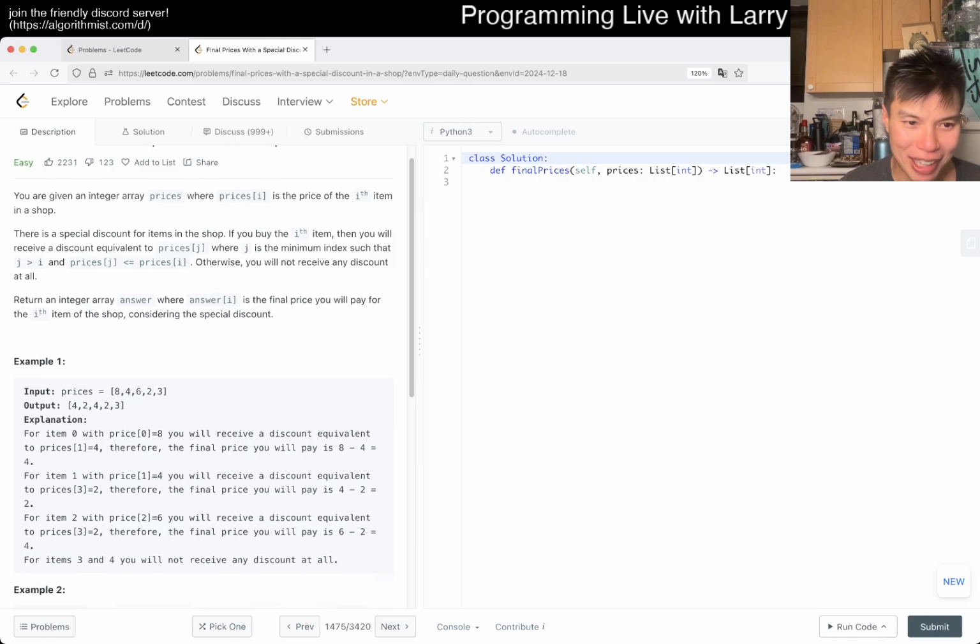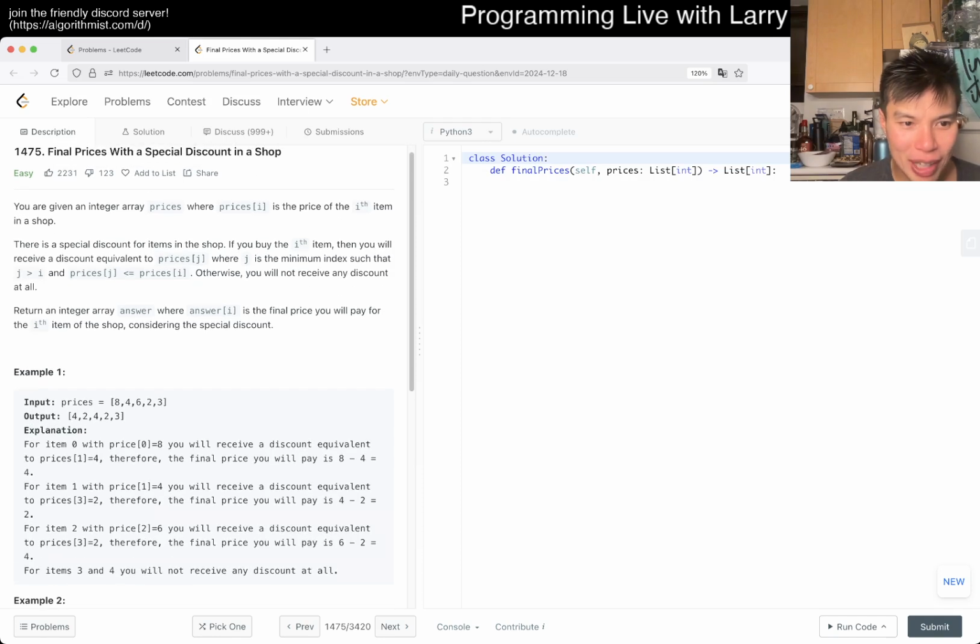Let's take a look at the example. I still don't know. Okay, so the price at index 0 is 8. With the discount, you go to 4. Why 4? Because j is the minimum index where it is smaller than the price.